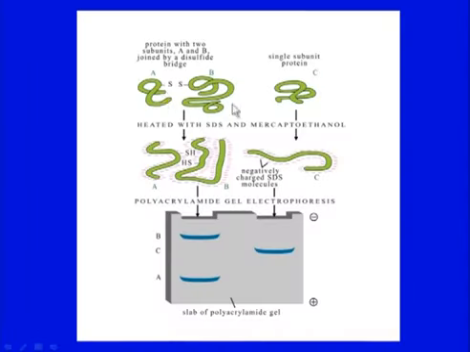Now, in the figure you have two samples. One protein has disulfide linkages, one is without disulfide. When they are heated in the presence of mercaptoethanol, a reducing agent, these disulfide links are broken.